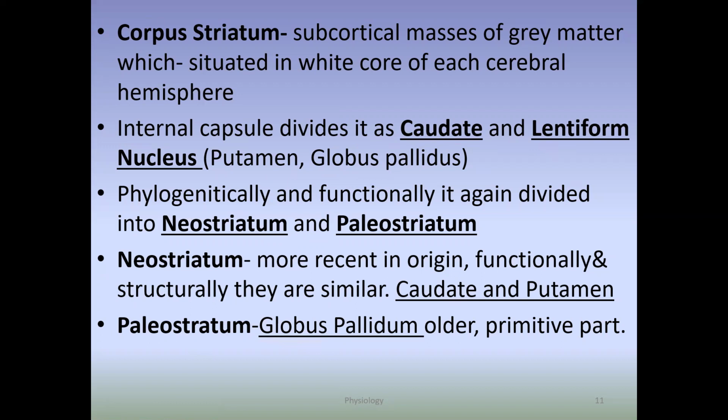And whenever the word corpus striatum comes, it involves the caudate and lentiform nucleus, three nuclei. So the word striatum alone is the neostriatum, involving caudate and putamen nuclei. In the connection slides, when you see a caudate circuit and putamen circuit, the term striatum is nothing but the neostriatum, the caudate and putamen.